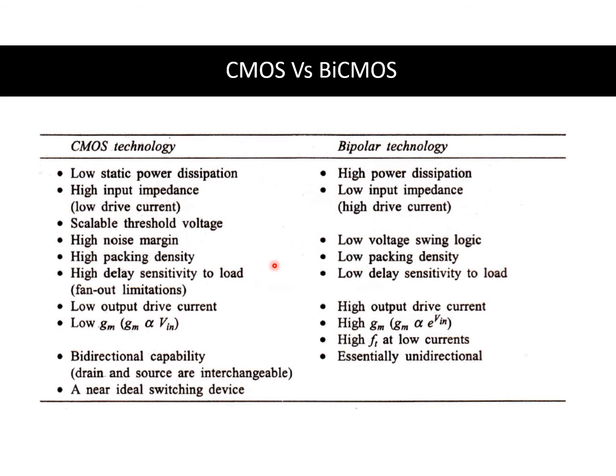And with CMOS technology, we can integrate more number of transistors on a chip area, whereas with bipolar we will have less packing density. In case of CMOS, it has bidirectional capability, that is source and drain terminals are interchangeable, whereas in case of bipolar it is unidirectional.